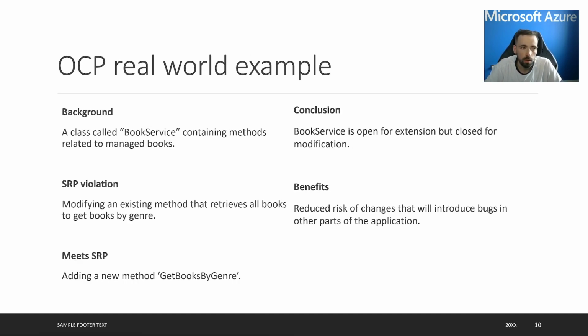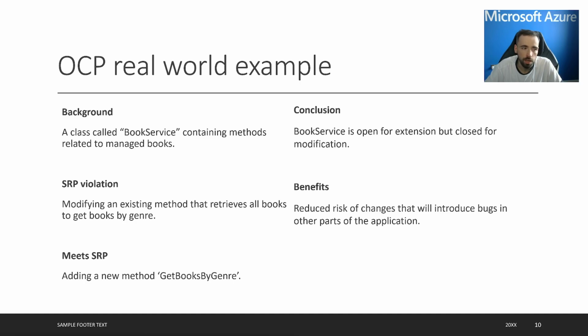Going back to the example of our BookService class, we have in there a method called GetBooks, and this retrieves all books from the database. It would be a violation of OCP to modify the existing method GetBooks to filter by genre when retrieving those books from the database.